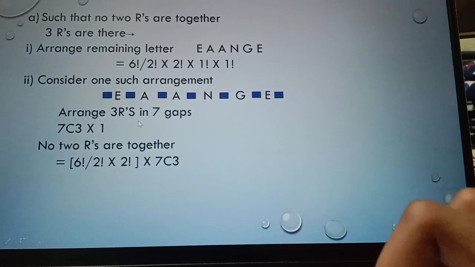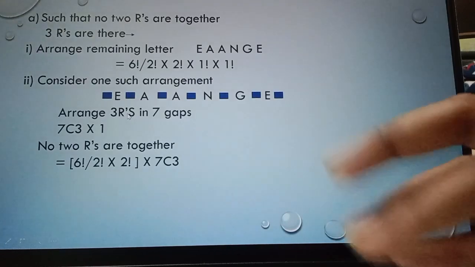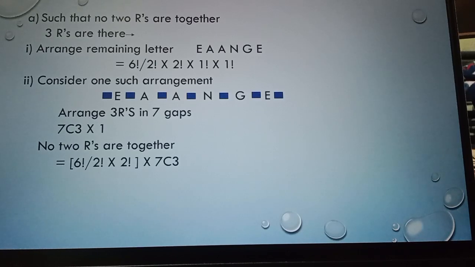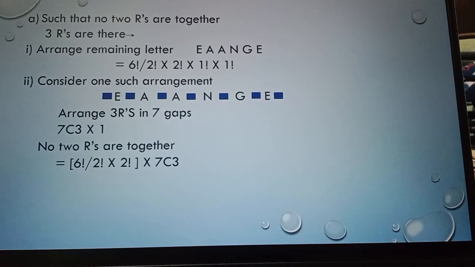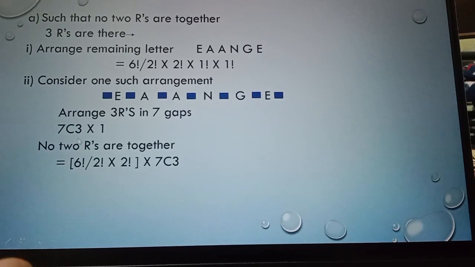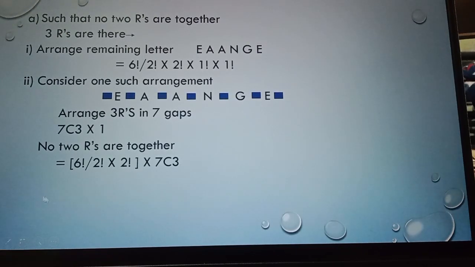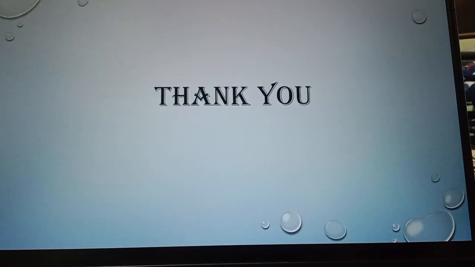We need to select gaps to place the 3 R's so that no two R's are together. So the arrangement is 6 factorial by 2 factorial and 2 factorial, times the ways of selecting gaps, 7C3. This is the total number of arrangements such that no two R's are together. I hope you all understood this problem. Thank you all.